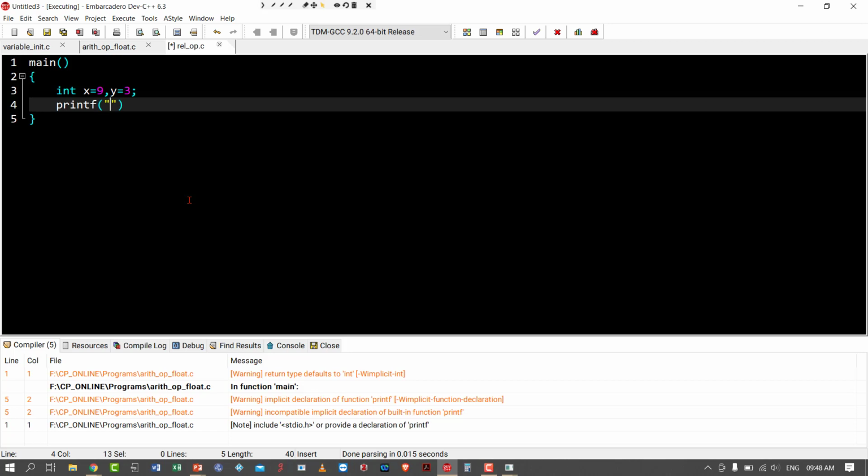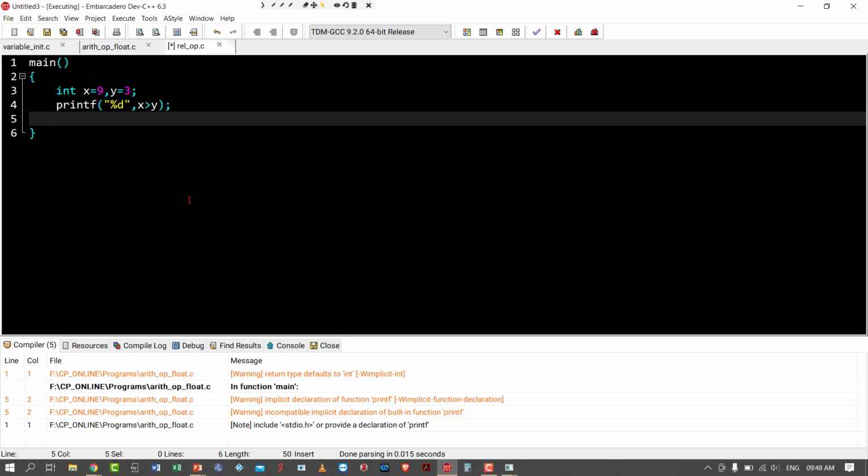Printf percentage d, comma x greater than y. Printf percentage d, comma x equal to y. I'm giving a slash n also here to get the output in a new line.